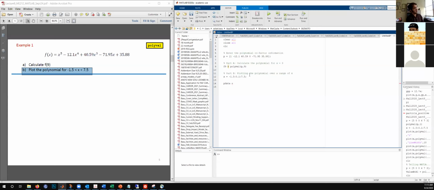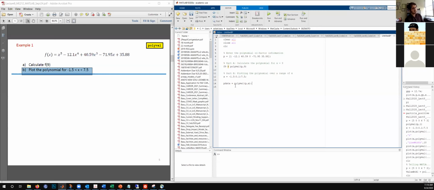Anyway, so P data is polyval of that polynomial P, which has already been set up in line number 6. But now you are trying to evaluate this polynomial P over that range of X. So it is sufficient if you just type in X, because you have already set up that X to include a number of points over that range.